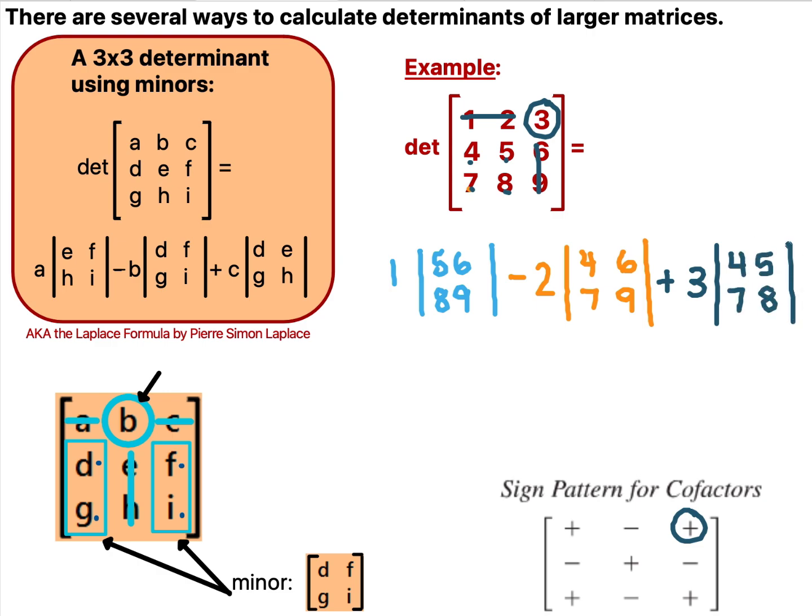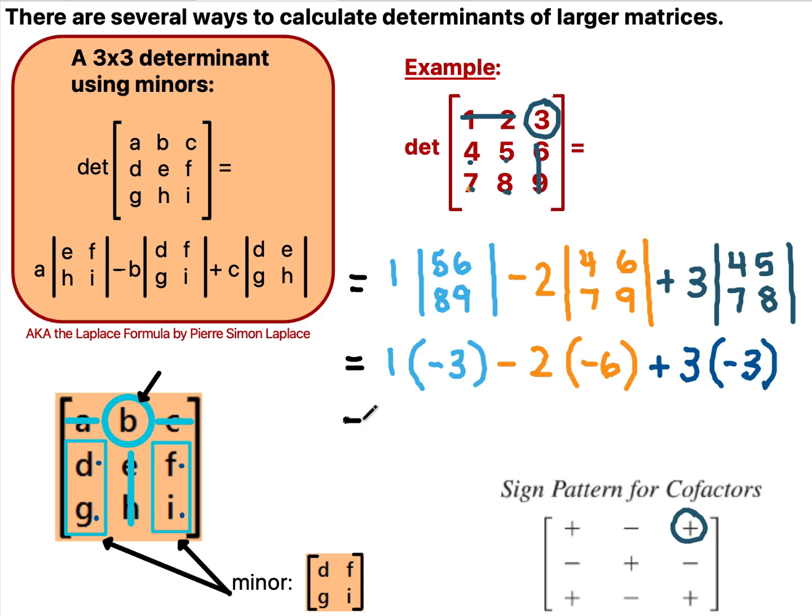Amazing. So my determinant is going to be 1 times this mini determinant, 5 times 9 minus 6 times 8, which they tell me is -3, minus 2 times 4 times 9 minus 6 times 7, -6, plus 3 times 4 times 8 minus 5 times 7, which is -3.